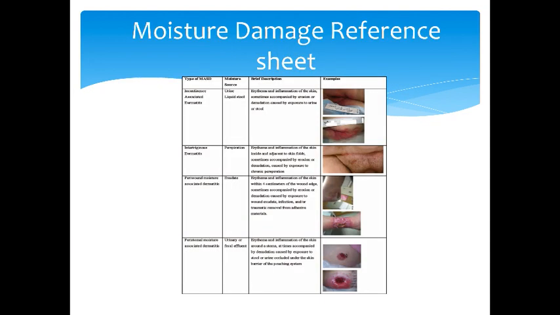Okay. This is our moisture damage reference sheet. So this talks about the Incontinence-Associated Dermatitis. It talks about our Intertrigo. Two things I haven't really talked about is, we have patients that a lot of times around their wounds, just because that wound has a lot of exudate, it's causing moisture around the wound and it's damaging that skin.